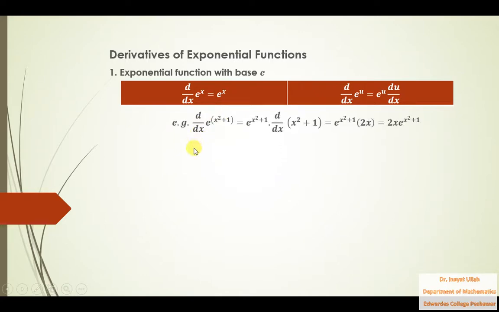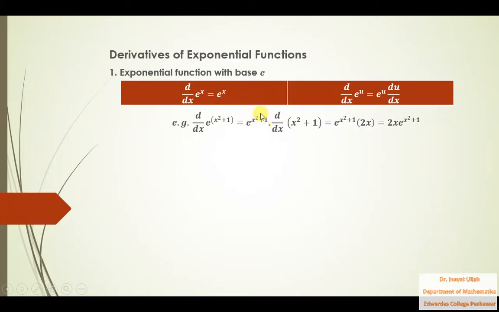For example, if you want to find the derivative of e power x square plus 1, we see that the power of e is a function of x, e power u. So from this formula, the derivative of e power u is the same e power u, the same e power x square plus 1, and further multiplied by the derivative of the power u.